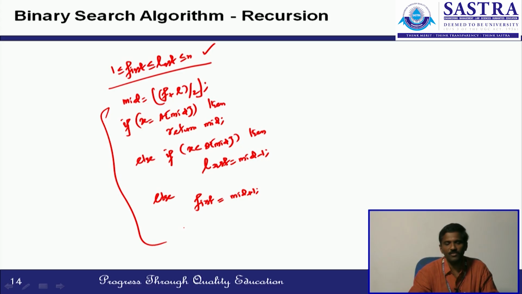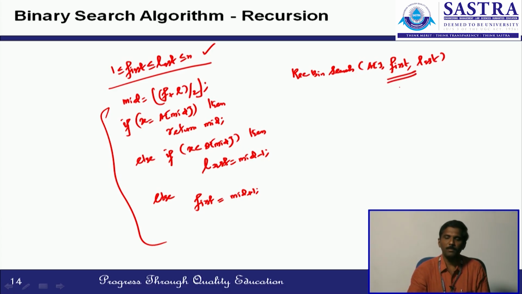This iterative version can be easily converted into the recursive binary search, where the recursive binary search takes the parameters: A array, x, the searching element, and we are passing the variables first comma last. So, the variables first and last are necessary.